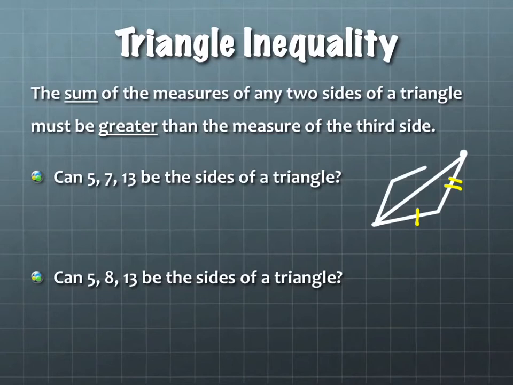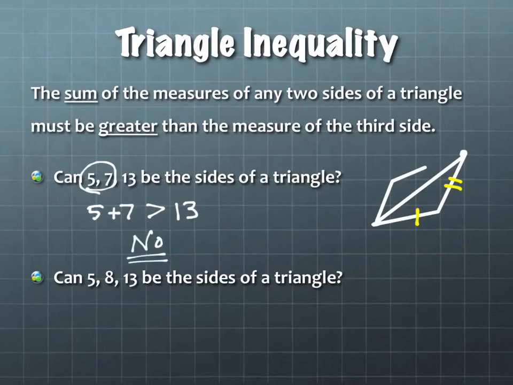So when I'm looking at different numbers and trying to decide if they can be the sides of a triangle, what I'm trying to see is if the 2 shorter values, the 2 smaller values, are actually bigger than the other third side. I always take the 2 smallest values and I add them together. Is 5 plus 7 bigger than 13? No, it's not. This doesn't work.